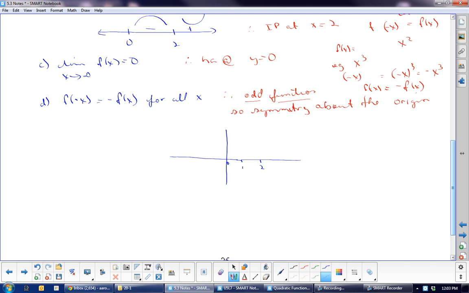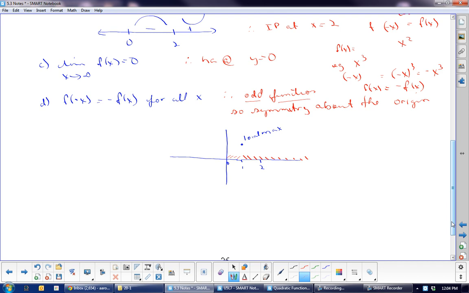Okay, what's happening at 1? A local max. What's happening at 2? Okay, so it is increasing from here to here, and it is decreasing everywhere after that.